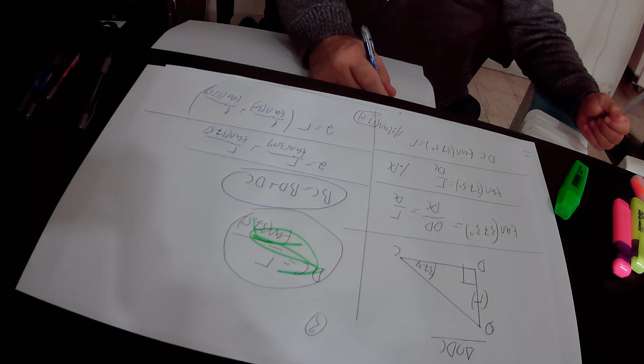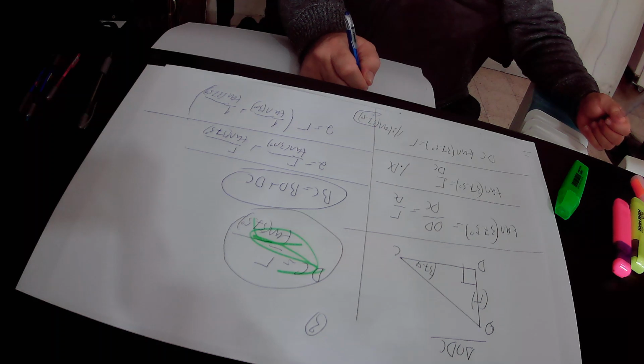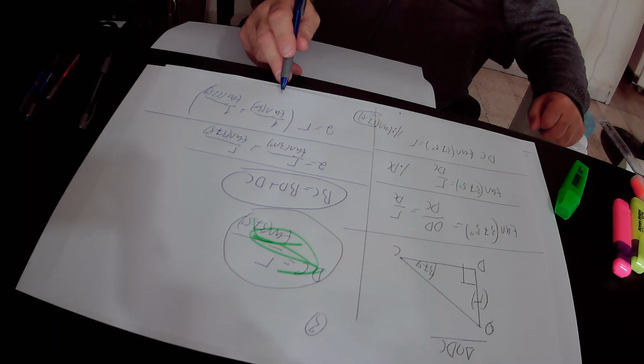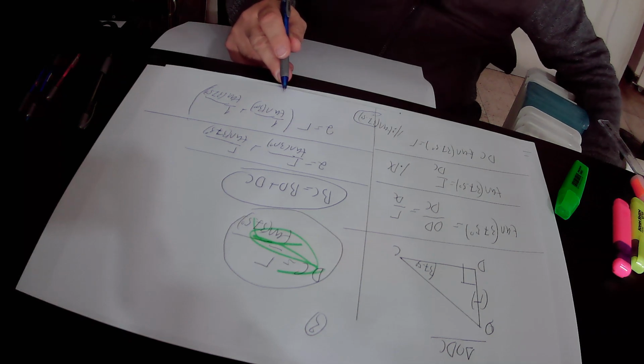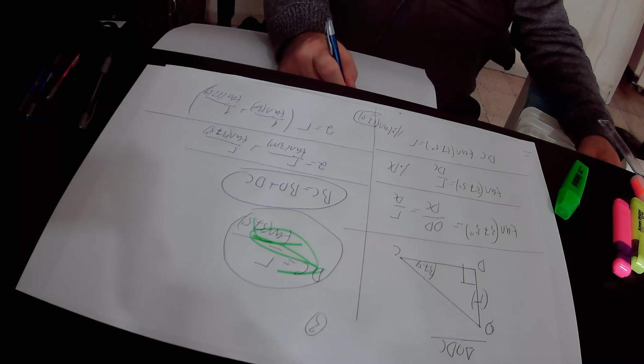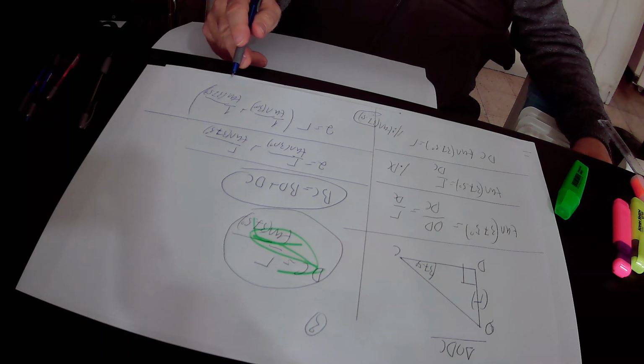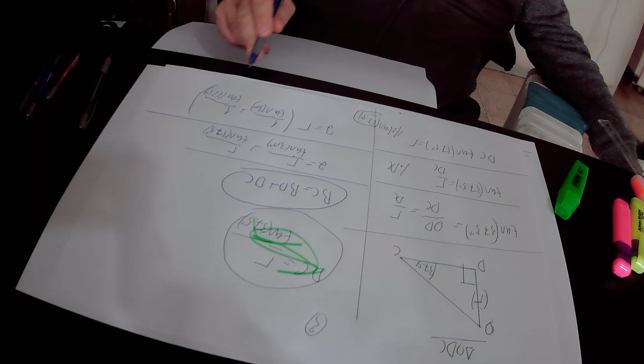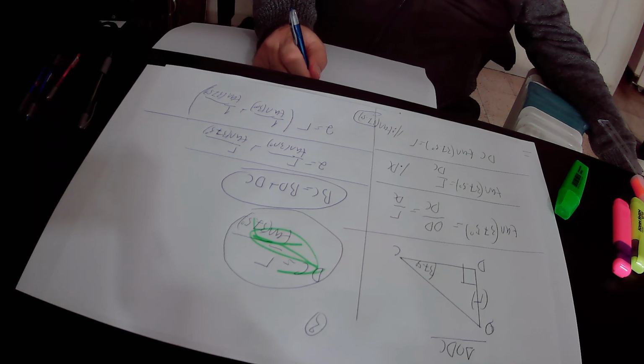So 2 equals R, and inside the brackets we have 1 over tangens 30 degrees, which equals 1.732, plus 1 over tangens 37.5 degrees. 1 over tangens 37.5 degrees equals 1.3032.